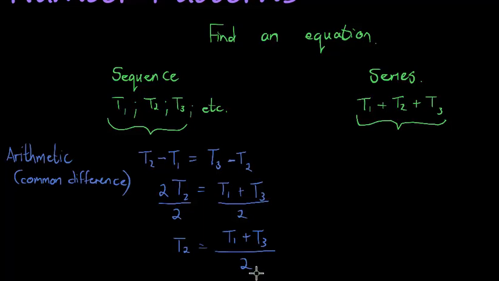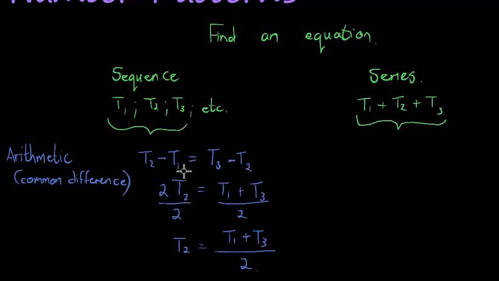You see? That's interesting, don't you think? And it's not just true for term 2, it would be true for any term. It would be the average between the term before it and the term after it. This can be true for any 3 consecutive terms.